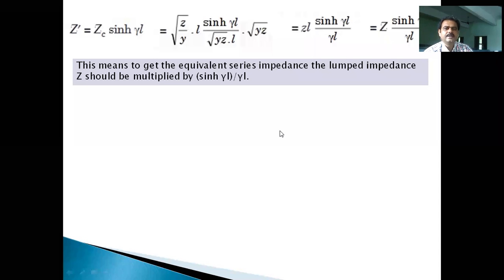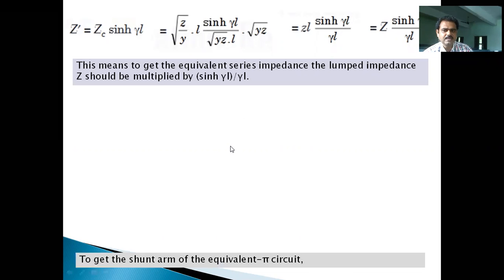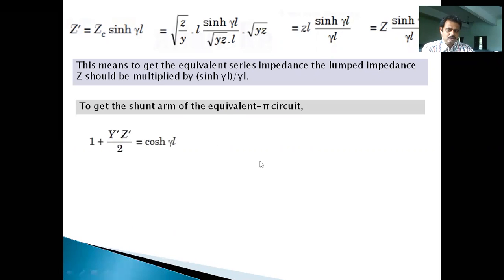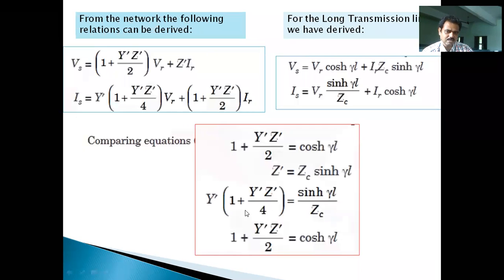Okay, next we have to find out the shunt branch parameters, that is the shunt branch admittance, y dash by 2. So for that we take, from the previous equations, 1 plus y dash z dash by 2 is equal to cos h gamma l. We have obtained this by comparing the two equations, the first equation being 1 plus y dash z dash by 2, which is equal to cos h gamma l.